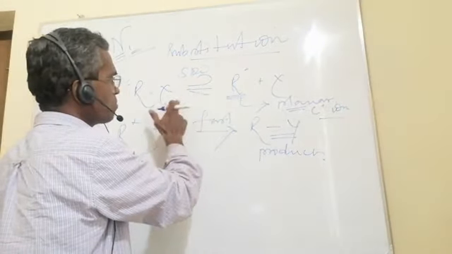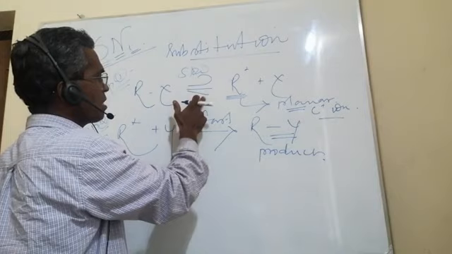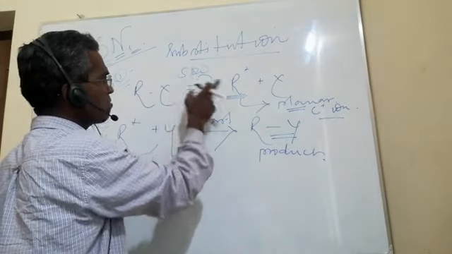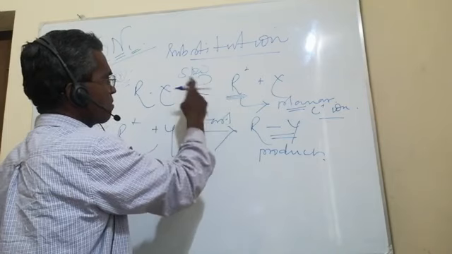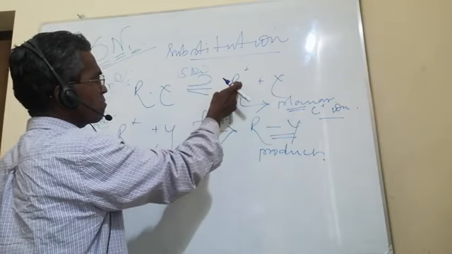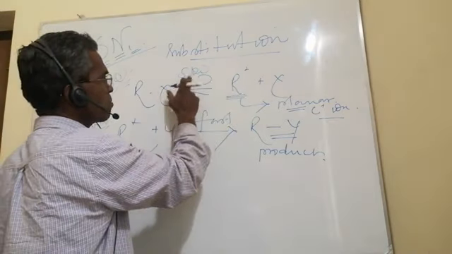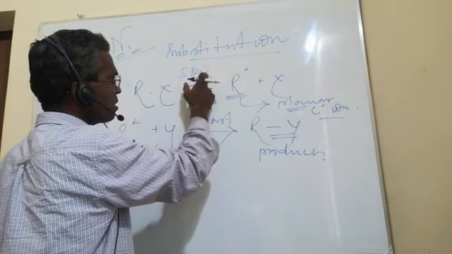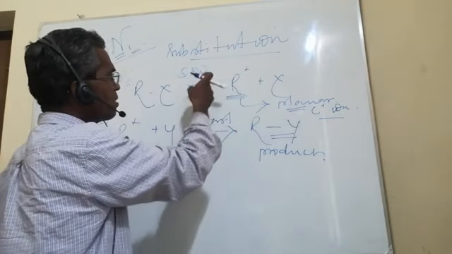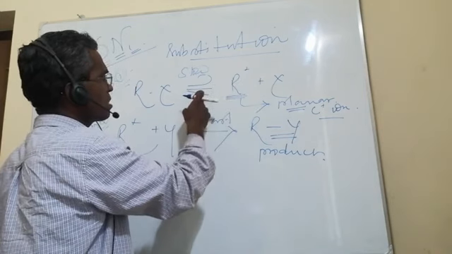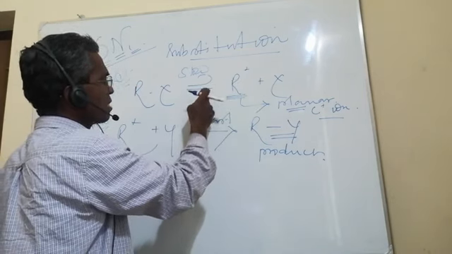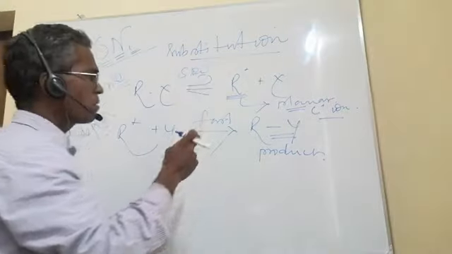The ionization of the substrate into the planar carbonium ion takes place in a slow step, which is very favorable if you want to calculate the speed of this reaction. Therefore, this step is called the rate determining step.